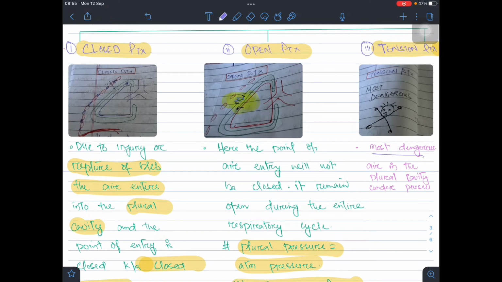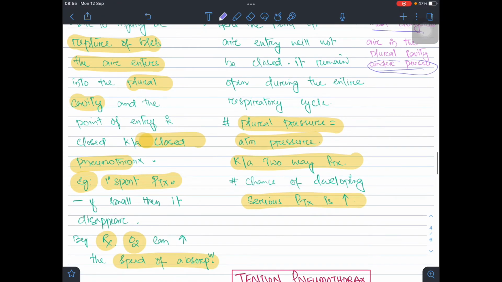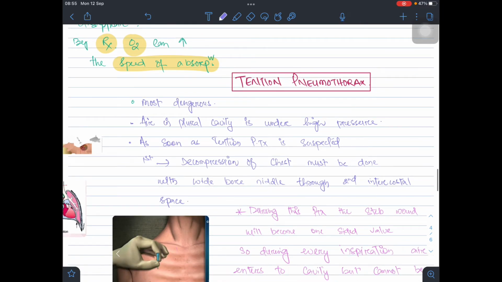In tension pneumothorax, the air in the pleural cavity will be under very high pressure. So we'll be talking about this separately here. Tension pneumothorax is the most dangerous. There is no doubt in saying tension pneumothorax is the most dangerous. Air in the pleural cavity is under high pressure.